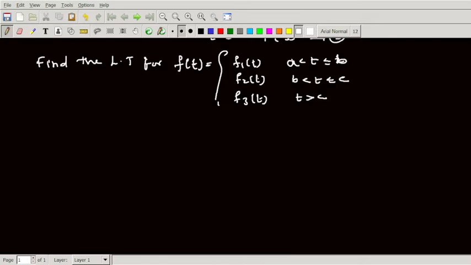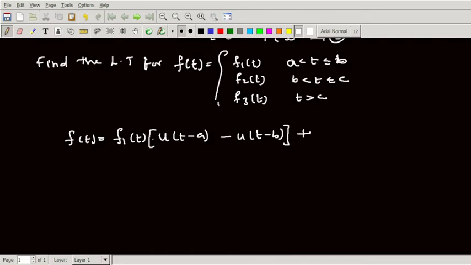For this one, first we must express f of t. By using the definition of the Laplace unit step function, f1 of t should be written in terms of the limit u of t minus a, minus, here the upper limit b is there, so we must write u of t minus b, and we open and close the bracket for this one, plus f2 of t into the lower limit is t minus u of t minus b minus u of t minus c.